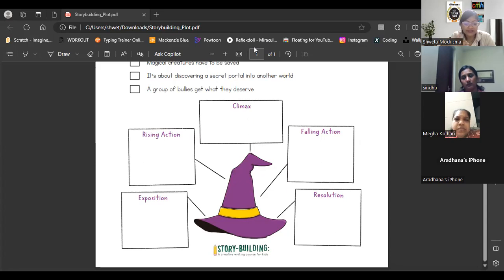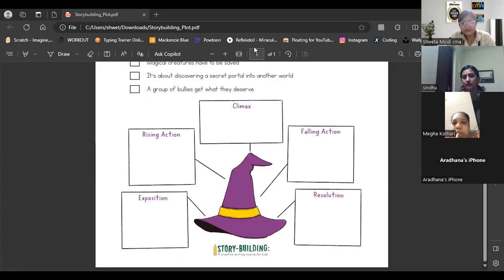Then comes your falling action, where things start calming down and the student gets to know what is happening. And then comes the resolution, where everything is wrapped up and resolved.